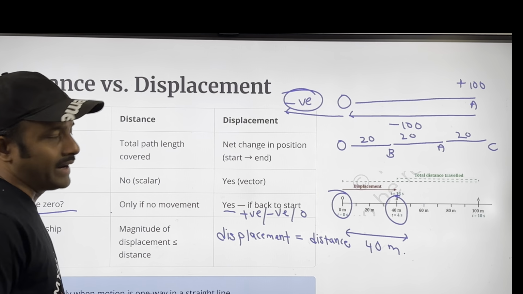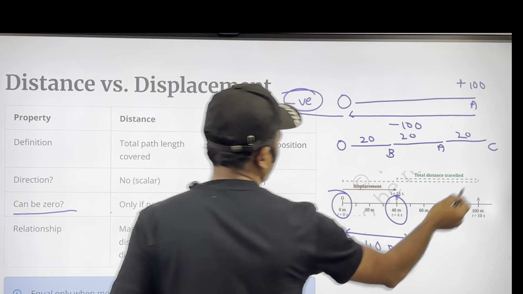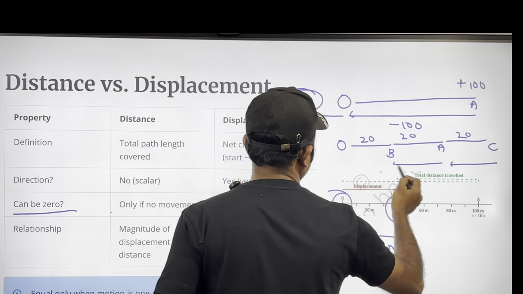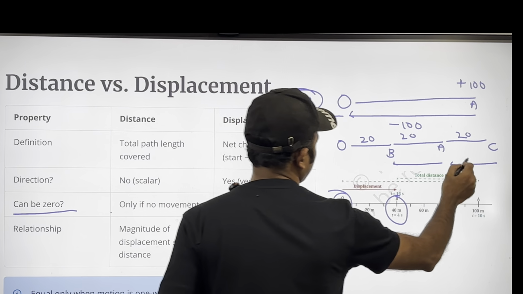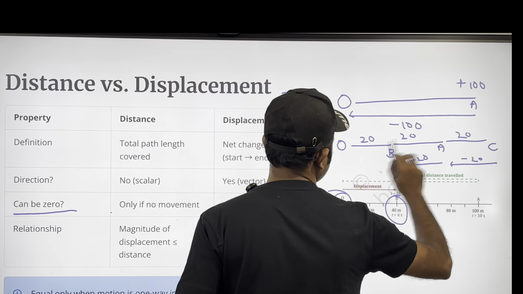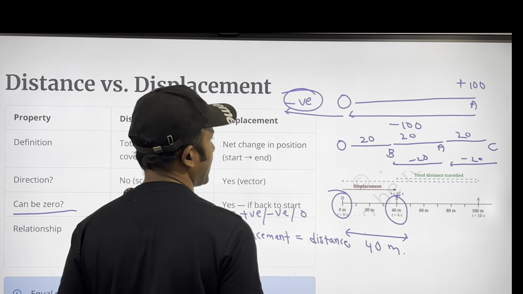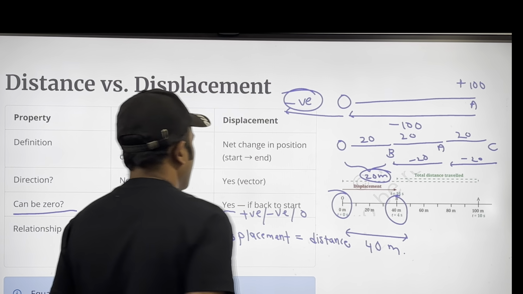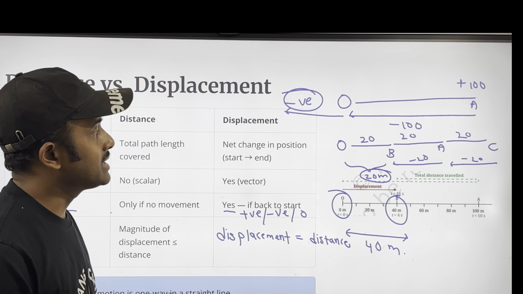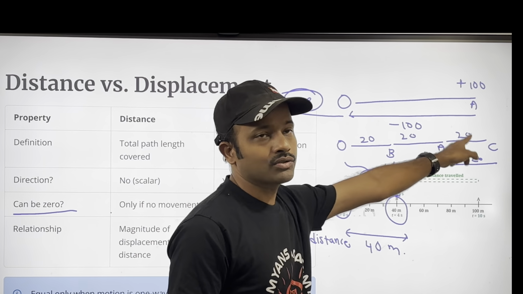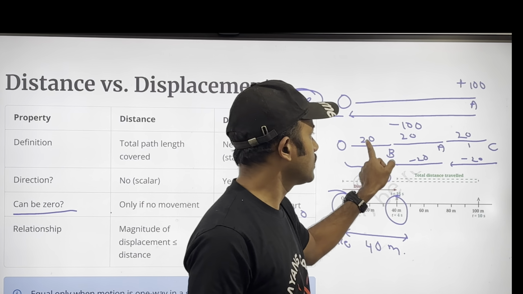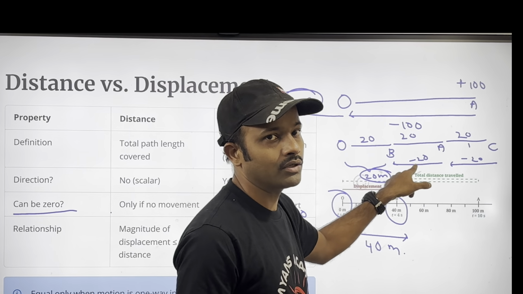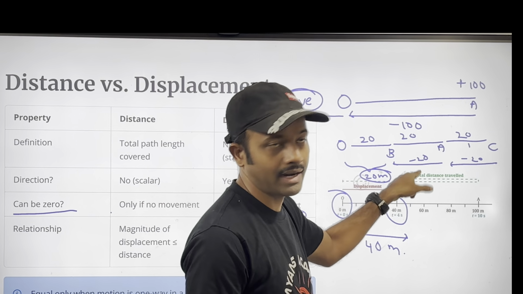For example, if the object is coming back from C to A and again A to B, in this case you have to consider minus 20 minus 20. 60 minus 40, how much is it? 20 meter. So distance is 20 plus 20 plus 20 plus 20 plus 20. So how many 20s in total? 5 20s, so 5 into 20 is 100. Distance in this case is 100.